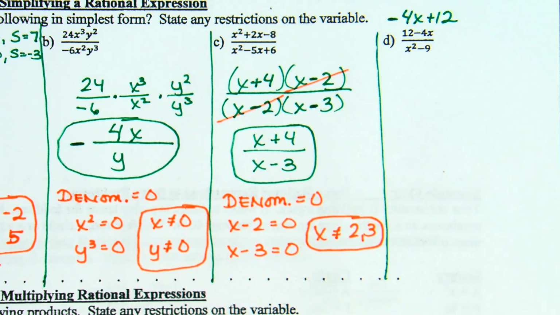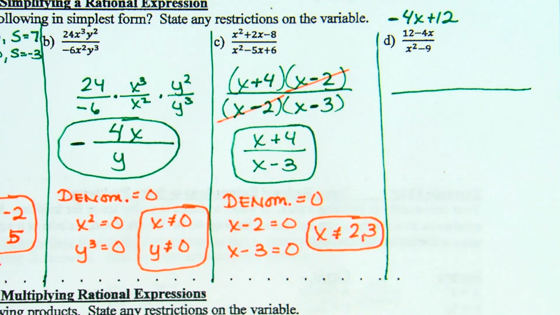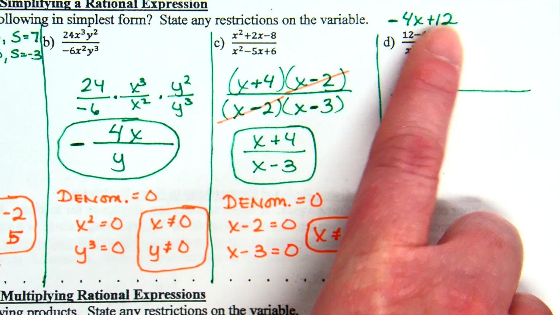Now, do you see any factoring that could be done in the numerator or denominator? 12 and 9 do both divide by 3, but what's the but here? 9 is married to the x squared, 12 is married to the negative 4x, because they're added and subtracted.